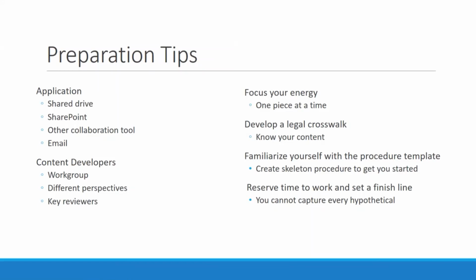It's just a crosswalk so that as you're developing your content, you're always keeping in mind these are the things I need to circle back and review before I actually publish this, to make sure that we haven't changed the language so much or strayed away from something that now we're butting up against legal authority, or we're drafting something that conflicts with some of our other legal authority. So knowing your content is important.